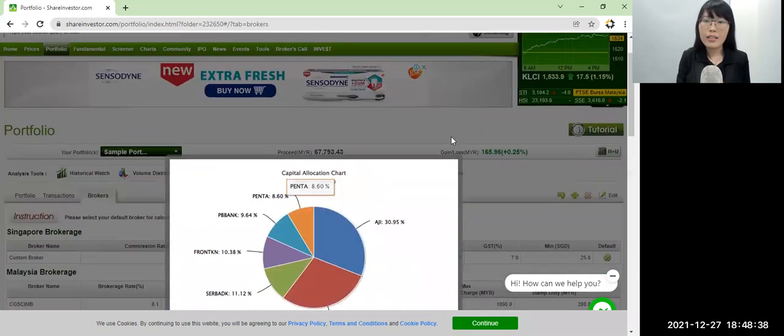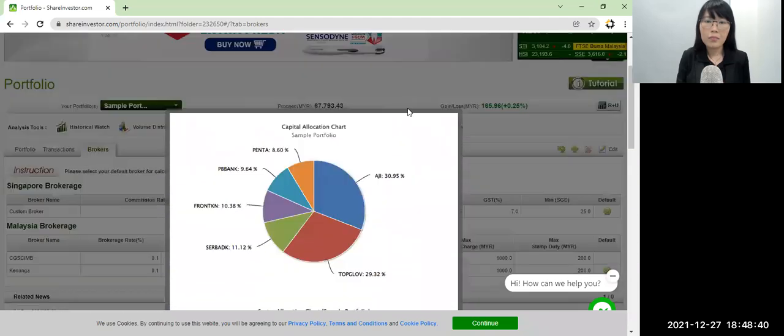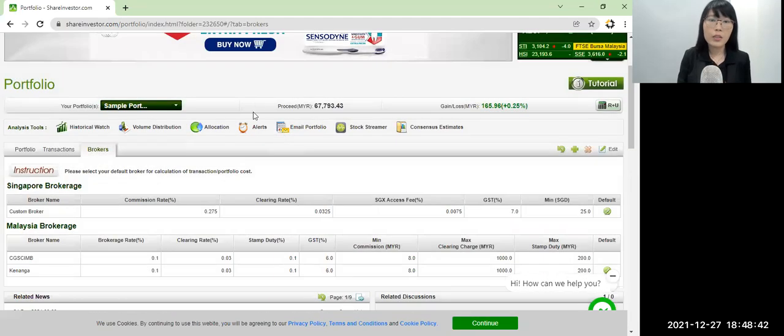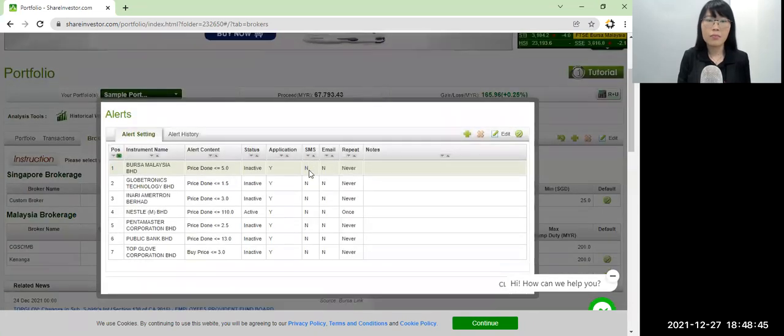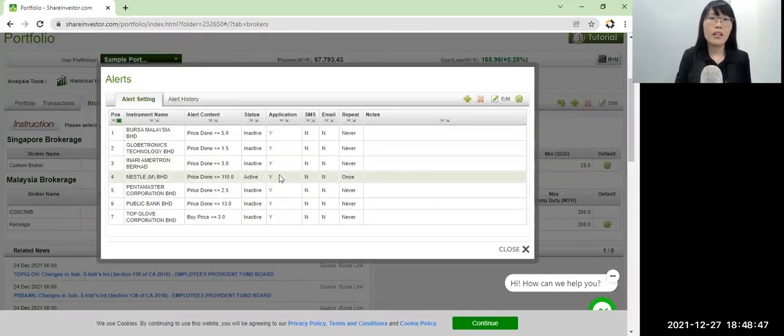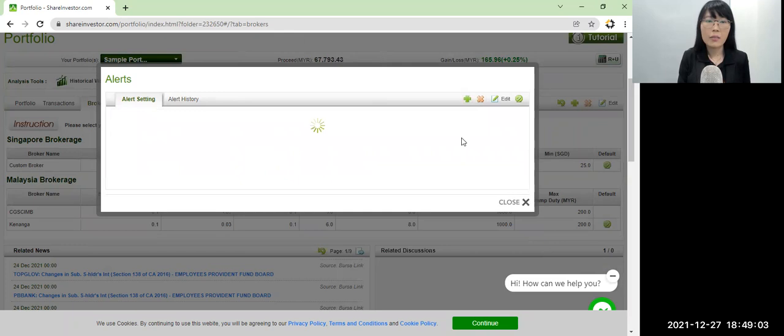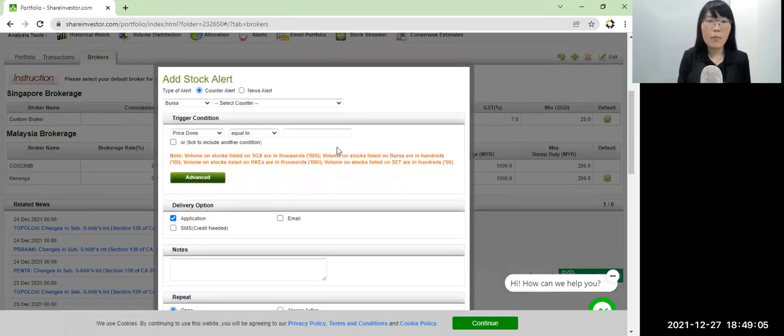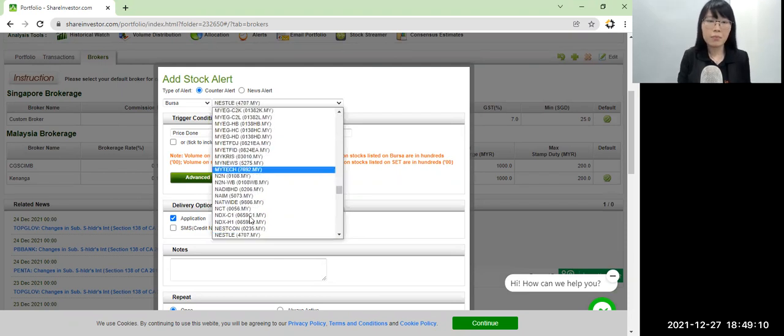And then the next one is the alerts. The set alerts function is very important. For example, under your watch list, you can set an alert. You can choose Bursa or Nestle. For example, I just click on the add button. You choose Bursa. For example, you choose Nestle.